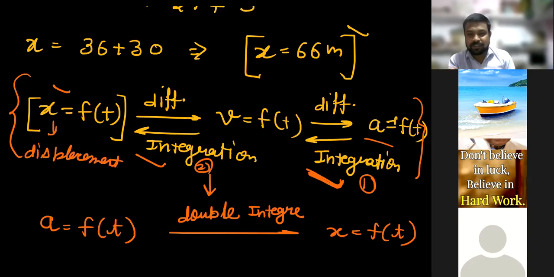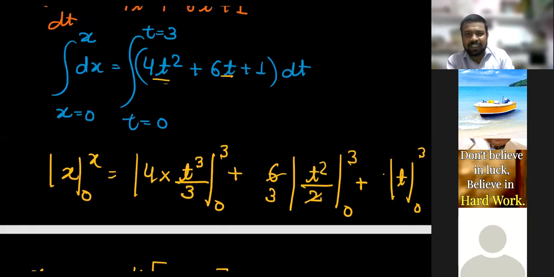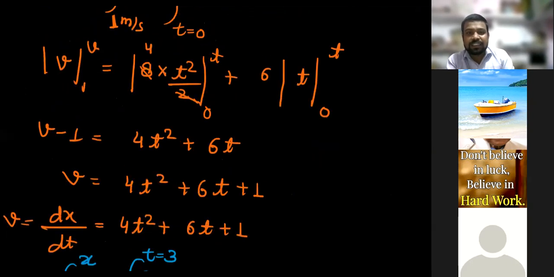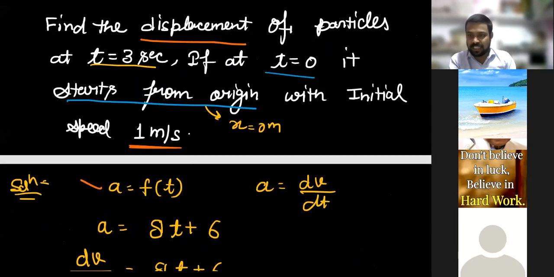Yes. So in this question, let us see. We follow the simple flow chart. Here, the acceleration is the function of time. Now, as we know, first of all, from acceleration to velocity, we use dv over dt. So say here a is equal to 8t plus 6.